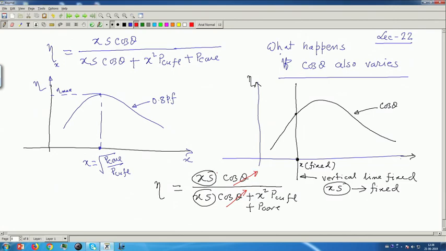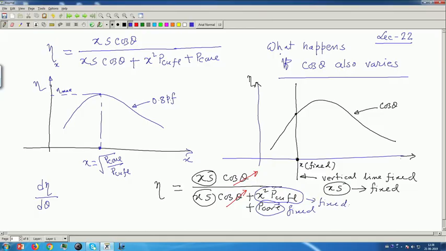Now, what I will do next is take d eta by d theta of this expression. In this modified problem statement, P_core is fixed, x square P_CU full load is fixed, because I am not going to change x, I will be on this line only.